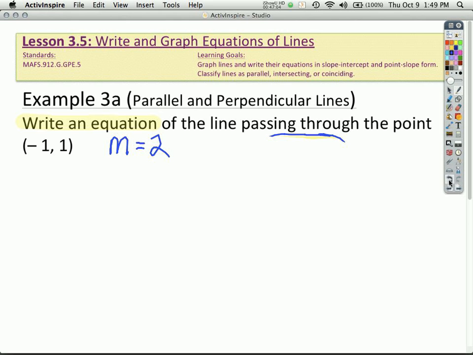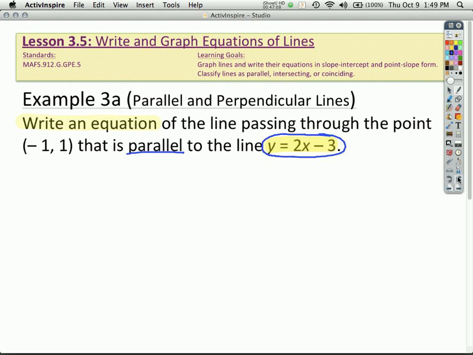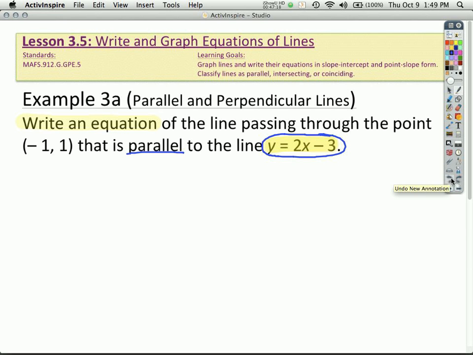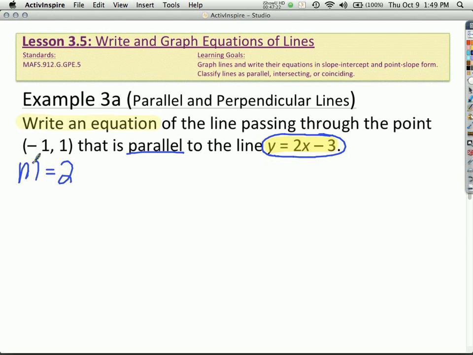It's just your job to get from here to here. That's your job. So let me rewrite this a little bit differently. So now we know that this means m equals 2, and we have this point. Now let's write the equation. What form is really easy to use when you have a point and the slope?